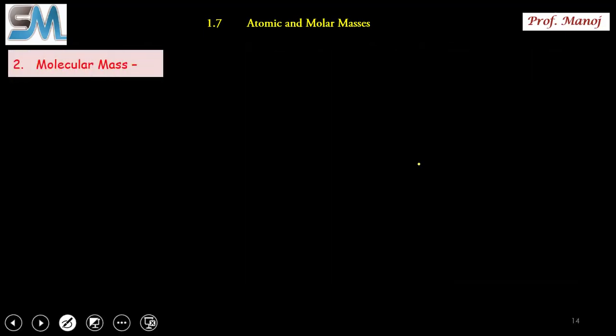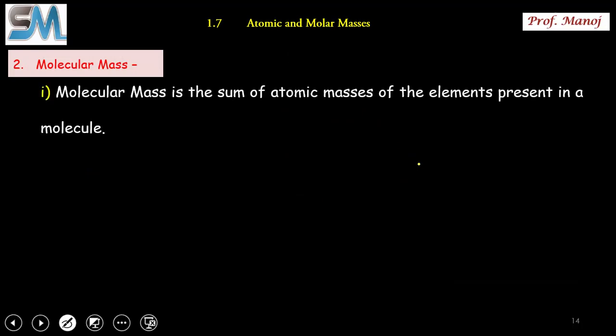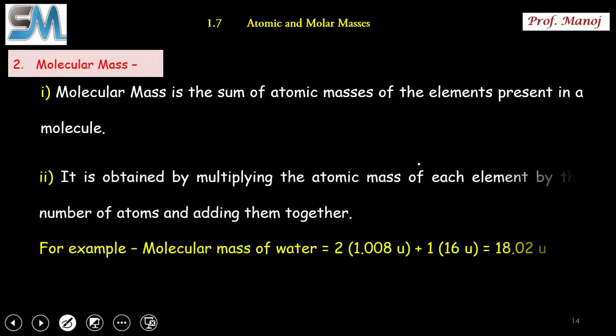After taking atomic masses, let us go for a more useful concept, and that is molecular mass. Molecular mass is basically simply the sum of all the atomic masses of that molecule. So if I just take a proper example, the procedure is multiplying the atomic mass of each element by the number of atoms, adding them together later.